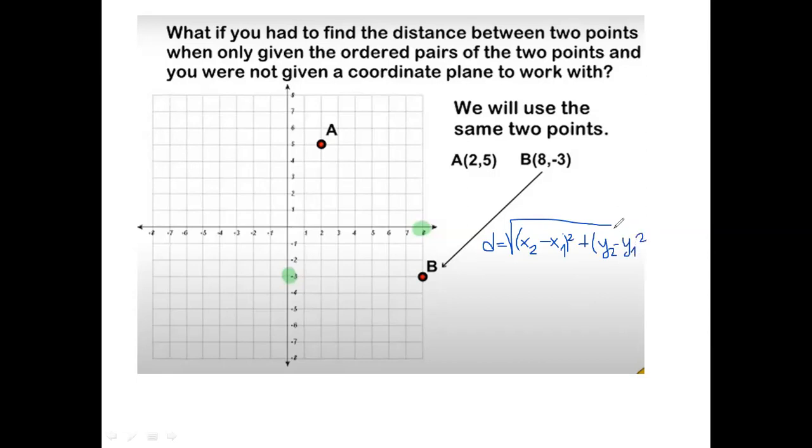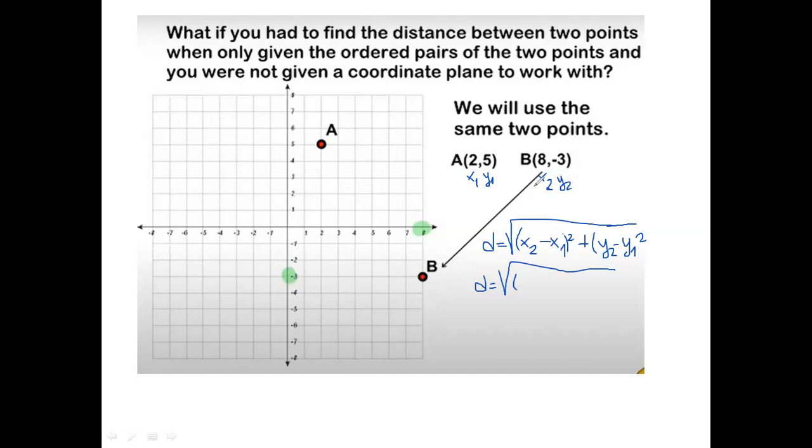So we can use this formula and we will get that the distance D will equal, so this one will be x1, this will be y1, this will be x2, and this will be y2.